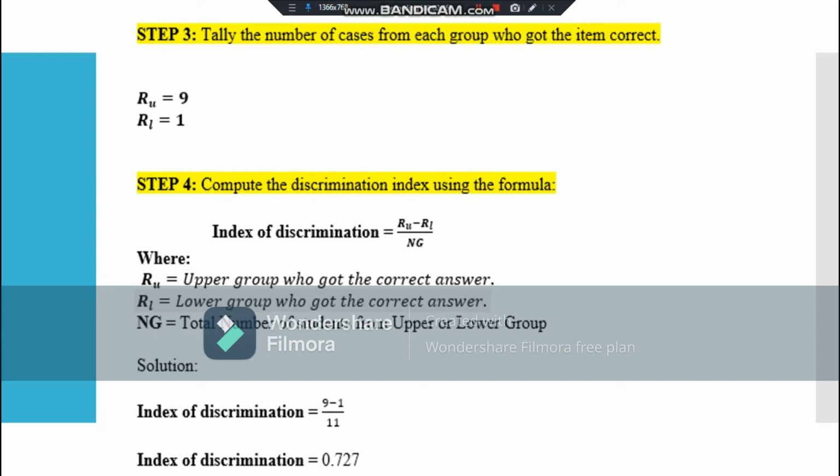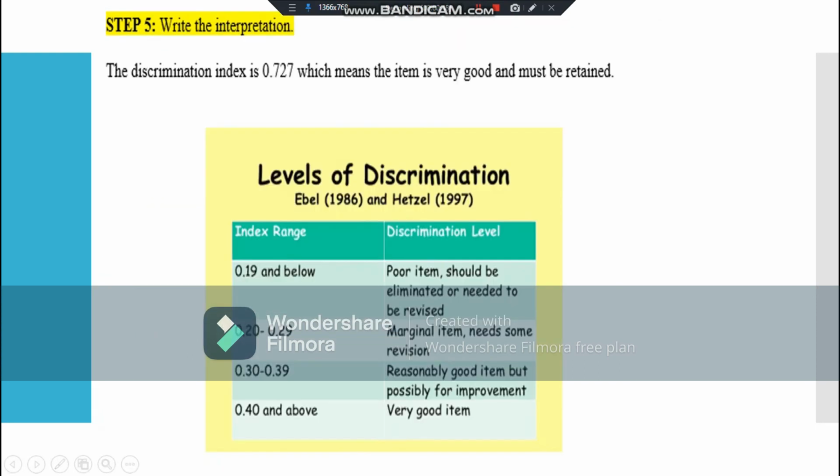Okay, so the next thing that we're going to do is to write the interpretation. By looking at this table, we will be able to know what interpretation we are going to write depending on the result of our index of discrimination. Since our index of discrimination is 0.727, this means that the item is very good and must be retained.